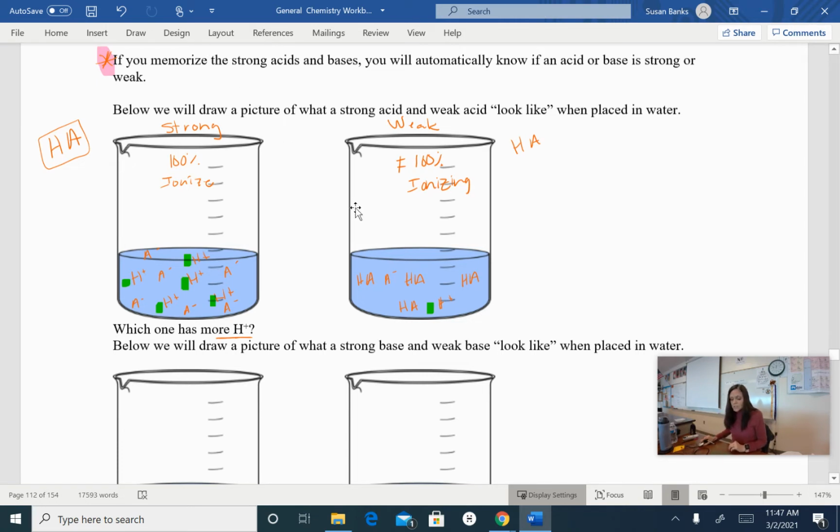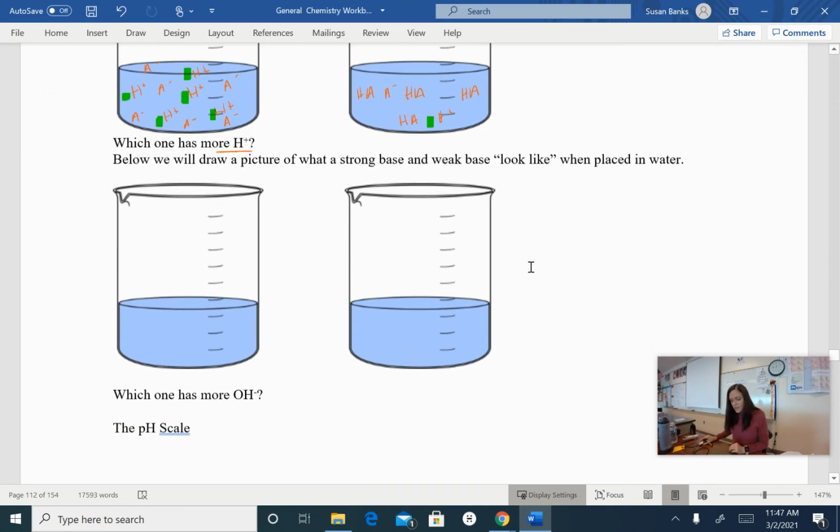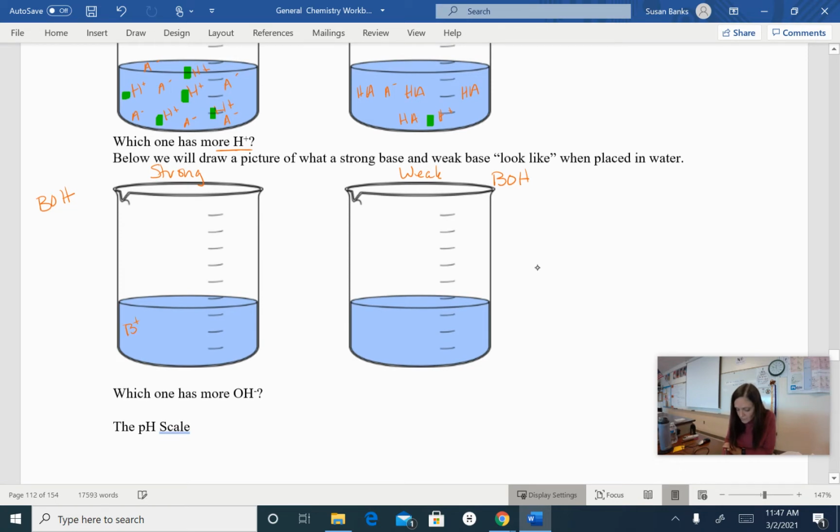Okay, we're going to do the same thing with a weak base and a strong base. So let's put the strong one here. And we're going to use our generic base, BOH, and we're going to put a weak one here. And we're also going to use a generic. Now remember, strong means that it dissociates 100% of the time. So that means I'm going to have these all over the place.